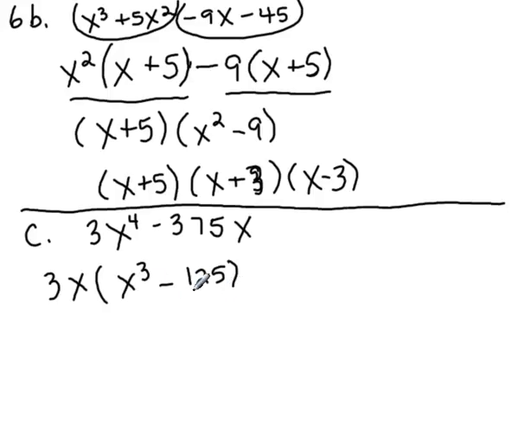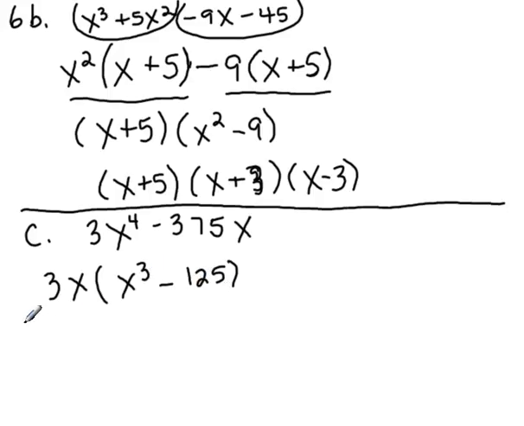I have 2 terms. With 2 terms, I'm looking for a difference of squares. It's not that, because this is a cubic, and 125 is not a perfect square either. Or a sum or difference of cubes. Not a sum because there's a subtraction sign. It's a difference of cubes. X cubed is a perfect cube, of course, and 125 is also, it has a cubic root of 5.